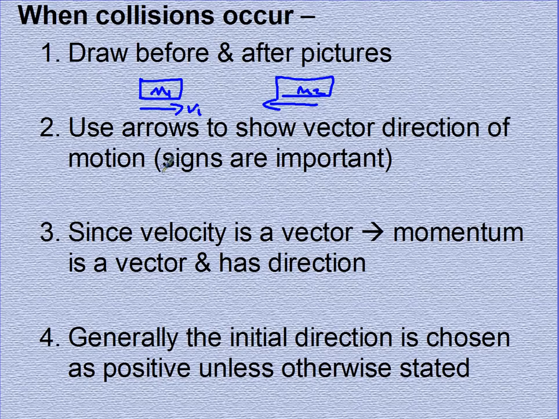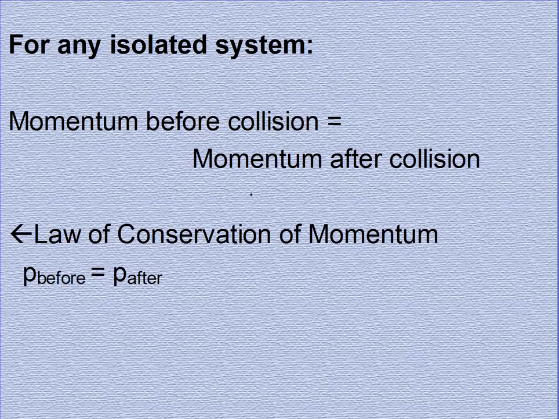Velocity is a vector, momentum is a vector, so you have to be very clear about your directions. Usually, just make right positive unless you're told otherwise. The law of conservation of momentum states that the momentum before equals the momentum after. So we're going to apply this law.